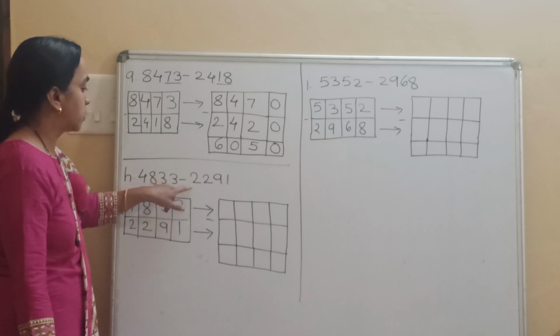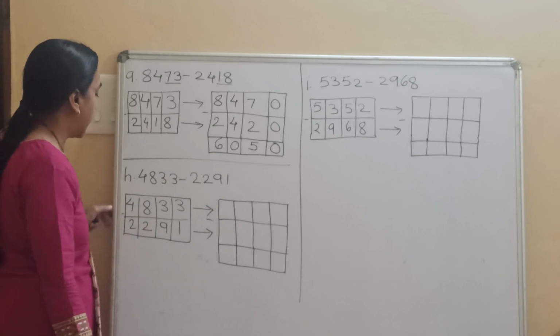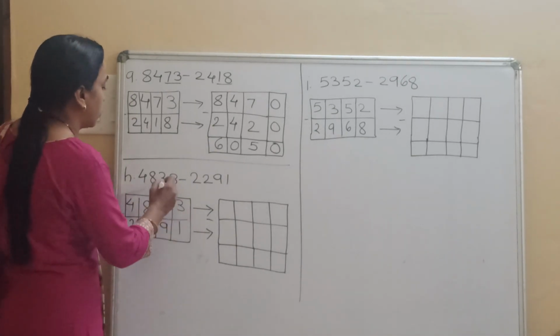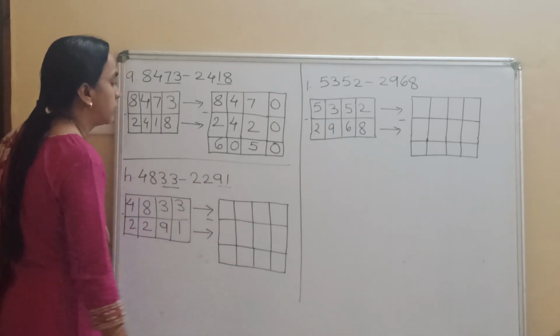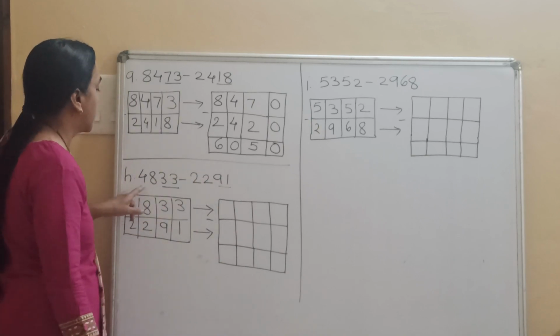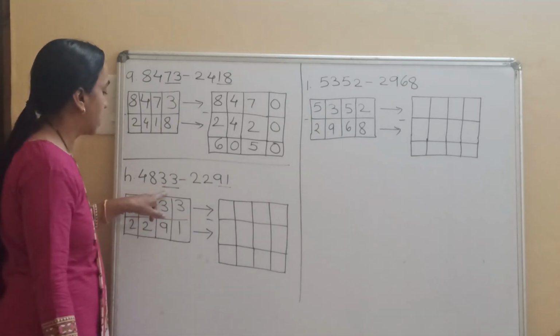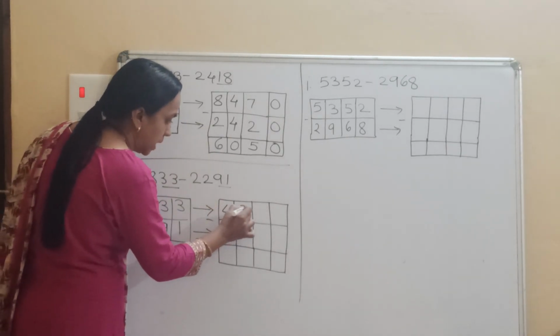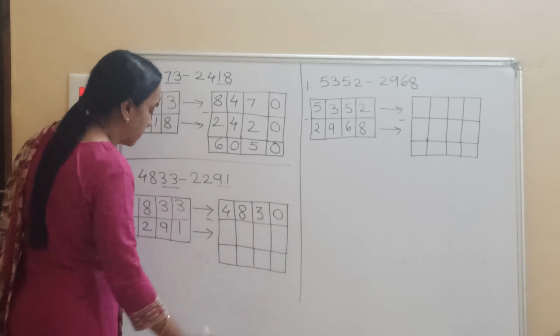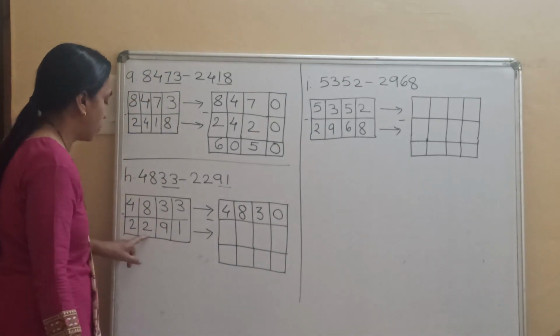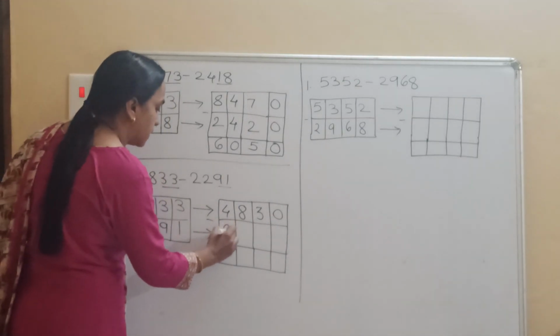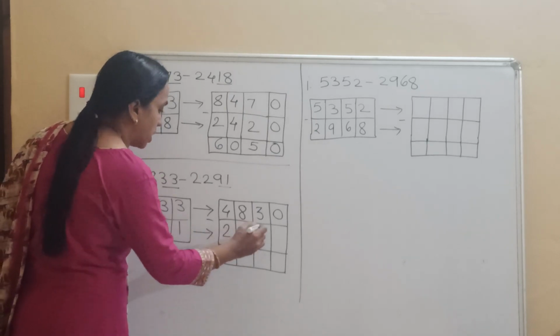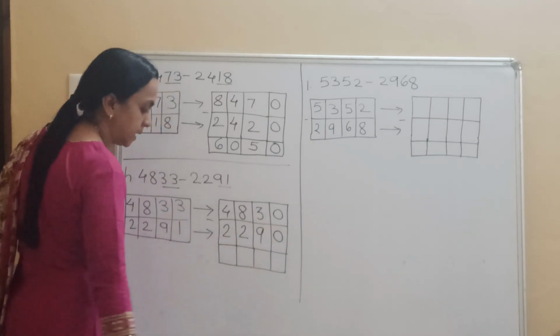Now see H question. 4833 minus 2291. So we have to think about only these two digits, ones and tens. So 4833 is very much closer to 4830, and 2291, that is very much closer to 2290.